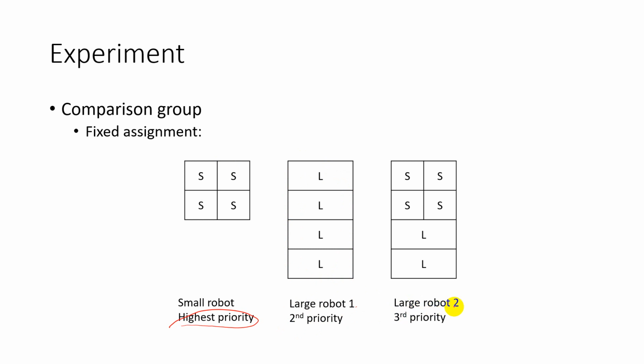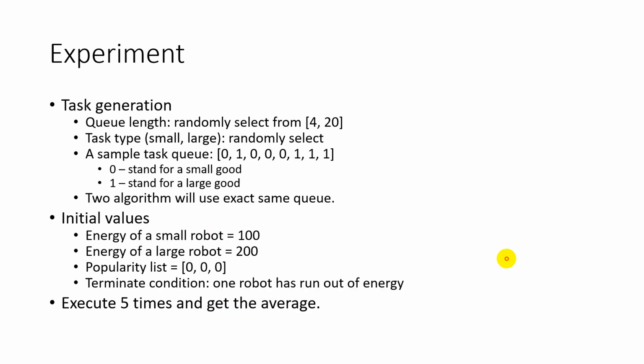The third, large robot number 2, has the third priority, so it will be assigned 2 large tasks at maximum and 4 small tasks at maximum. So this is fixed. All those tasks will be assigned equal to or less than this number.